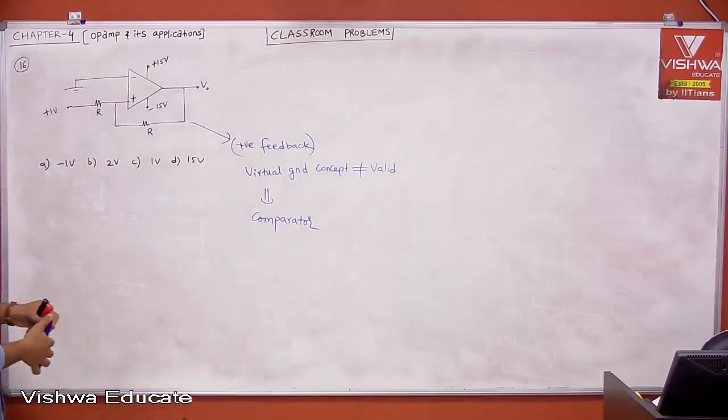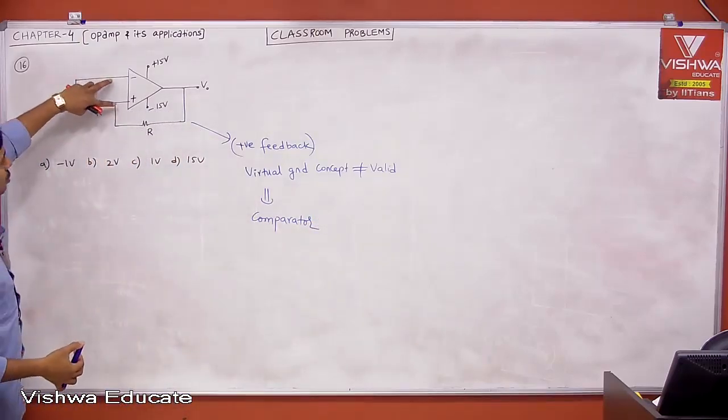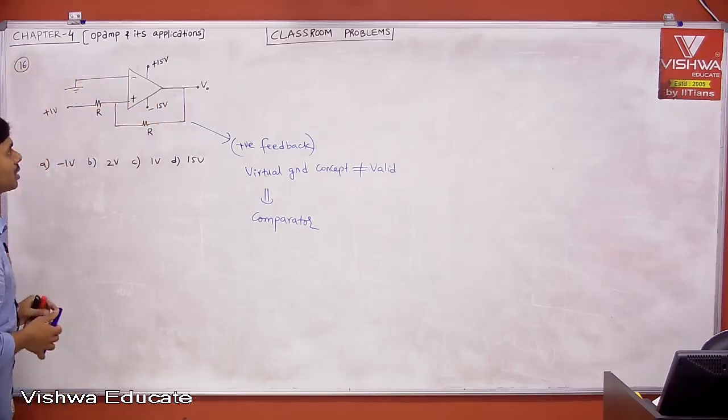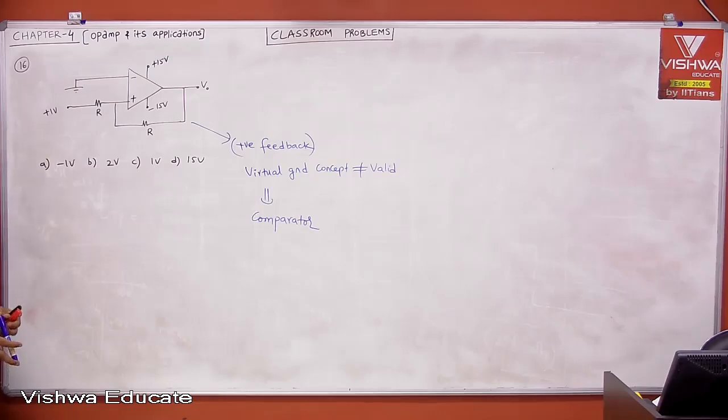When I say this is a comparator, it just compares the voltage at minus and the voltage at plus. Then based on that you will get your output voltage. I told you your output could be anything. When the op amp is associated with positive feedback, your output voltage could be either plus 15 or minus 15.